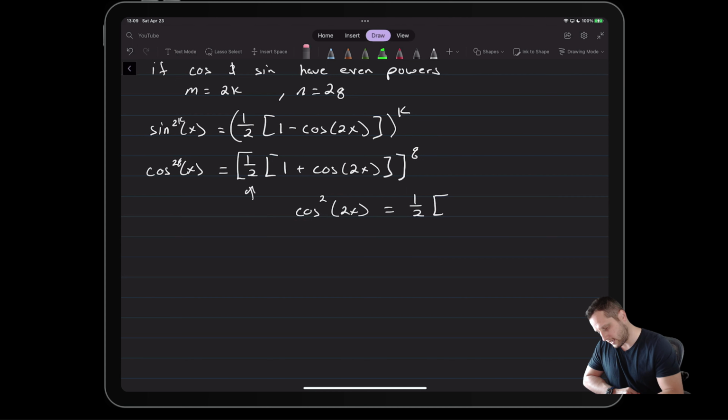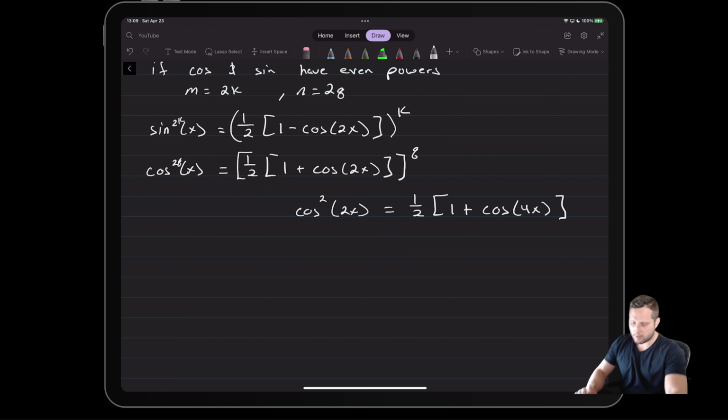But let's just say that we started with this, right? So that means this is going to be 1/2 times 1 plus cosine 4x.